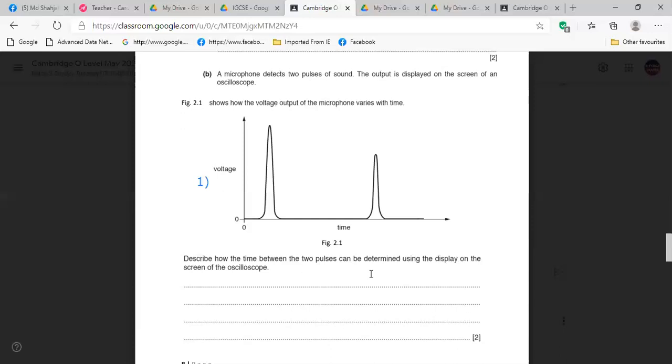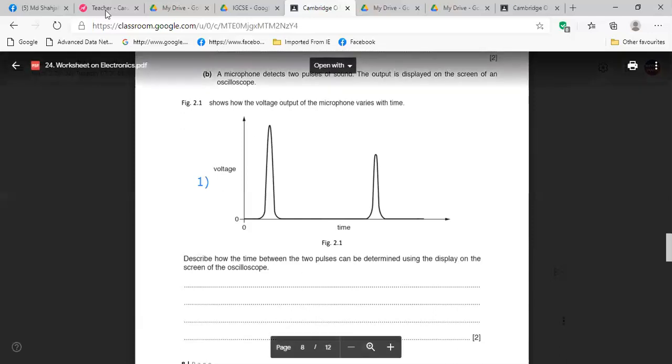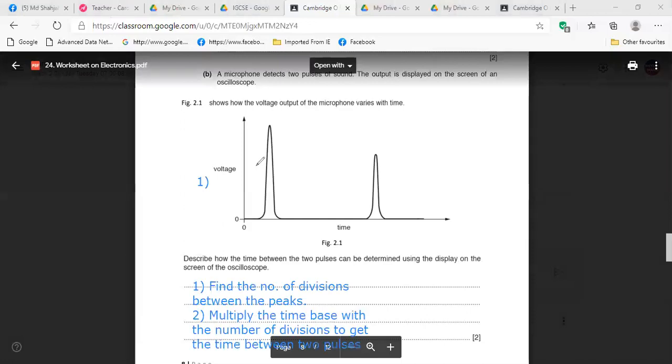Is it clear to you, or should I give an example? With that example it will be better. Okay. Like this one is shown on the oscilloscope. If it is like that, and it is like that. Okay, in the oscilloscope it is like this. Squares like this.